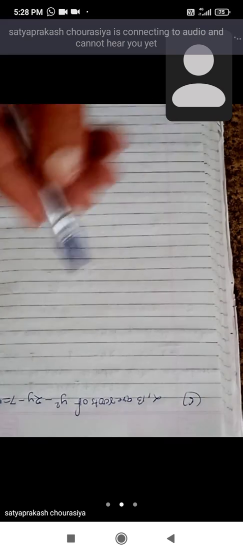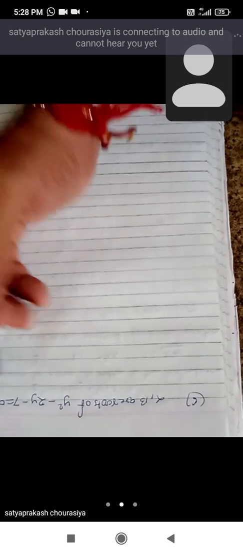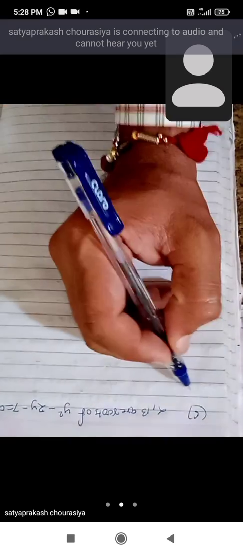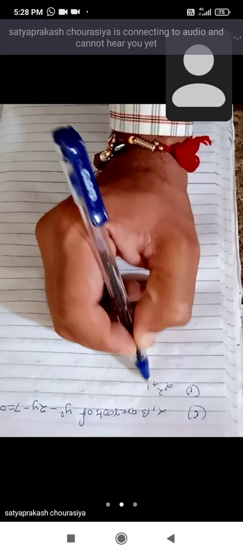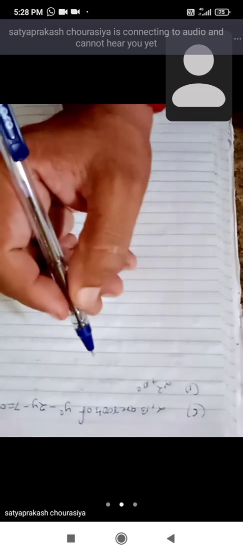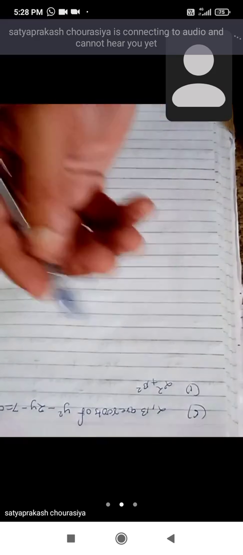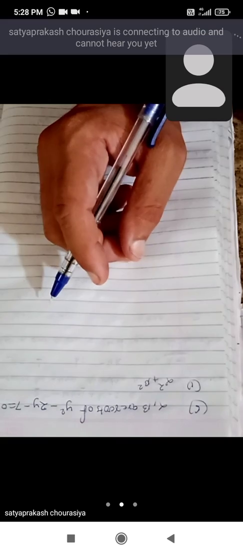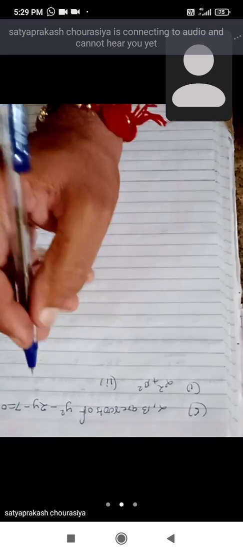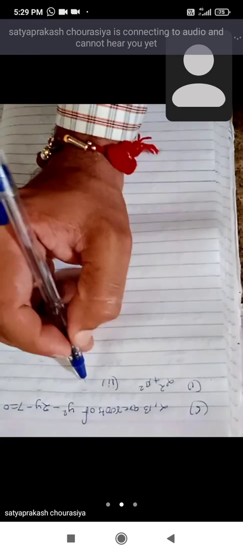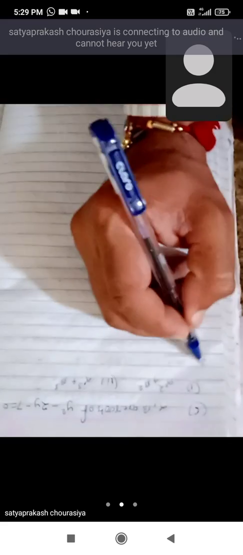Okay, alpha and beta are the roots of what? y square minus 2y minus 7 is equal to 0. Find, first one, the sum of the squares of alpha and beta, or you can say the sum of the squares of the roots. And second, the sum of the cubes of the roots, that is alpha cube plus beta cube. Okay, now let's see the solution.